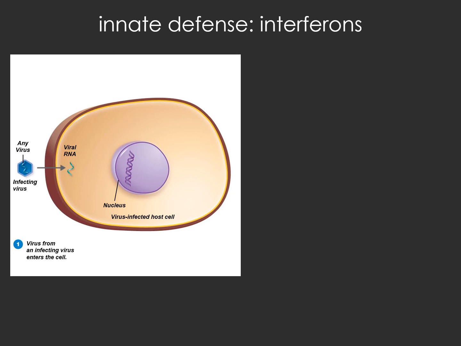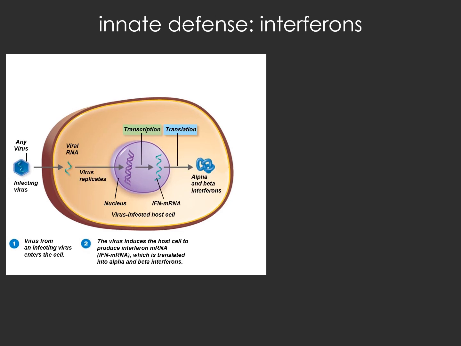So step 1, a virus moves into the cell, the viral RNA or viral DNA, and then, right, steps 1 and 2 are done. So now it's going to move on to step 3, right? It's going to start working to do its thing. But what it doesn't realize is that at the same time that the virus is undergoing biosynthesis, the cell is also transcribing and translating interferons.